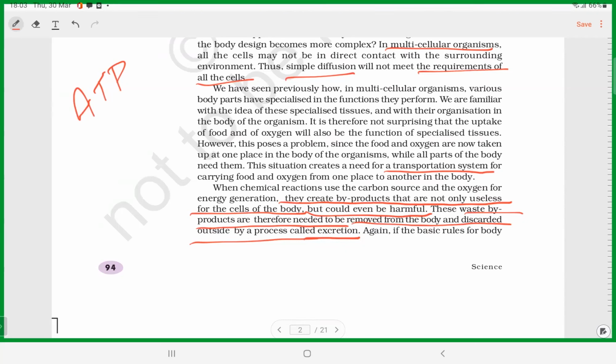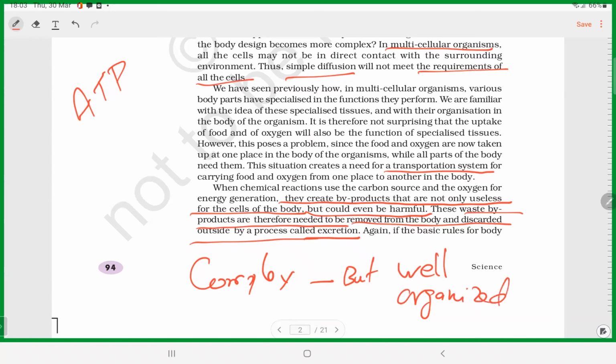But why don't we get much problem? Though it is very complex, it is well organized. Life processes are complex, keep this in mind, but well organized.